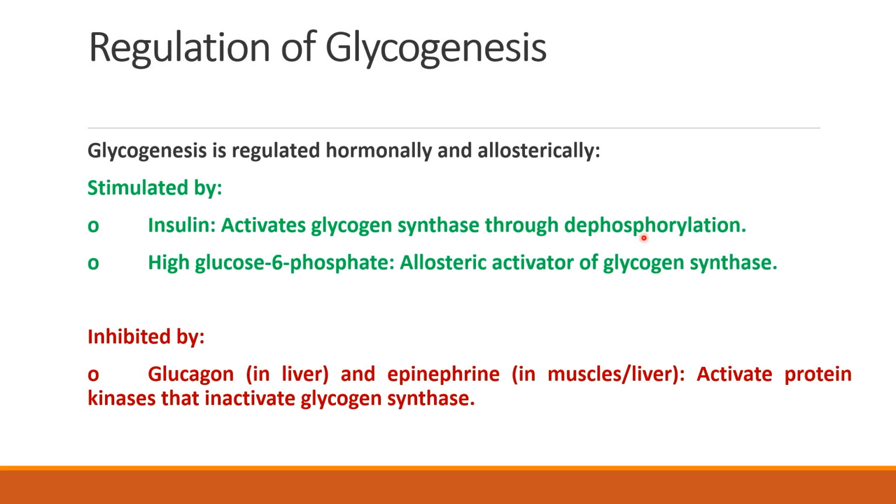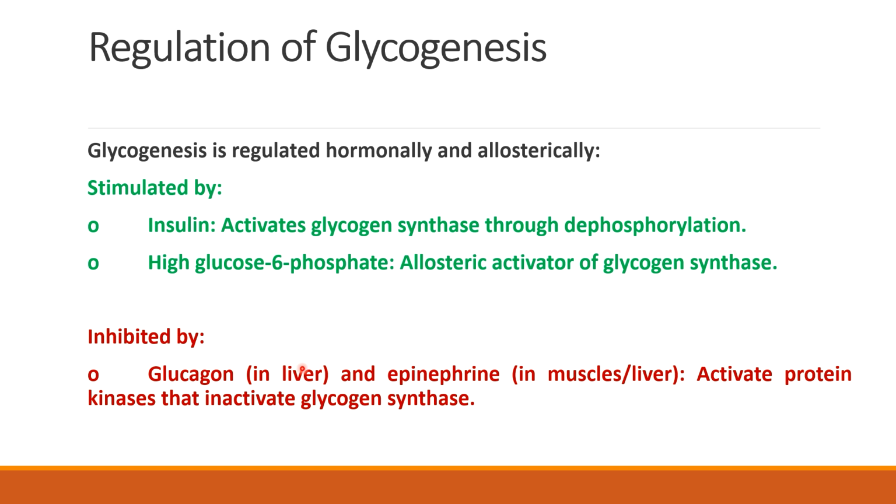So when does insulin come? When glucose levels are high, which is required for the synthesis of glycogen. Whatever blood glucose is there has to be converted to glycogen, so the glycogen synthase enzyme is activated. When you have high glucose 6-phosphate also, there is allosteric activation of glycogen synthase which takes place.